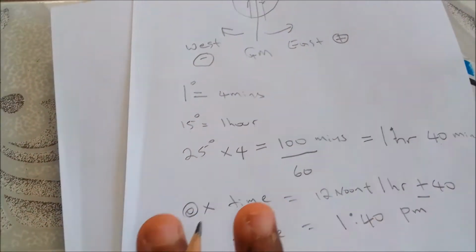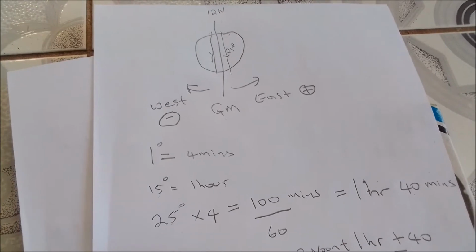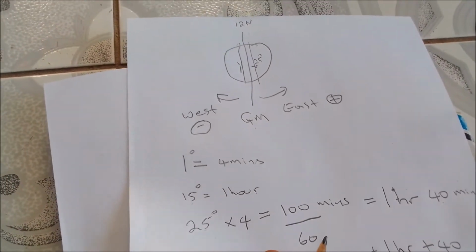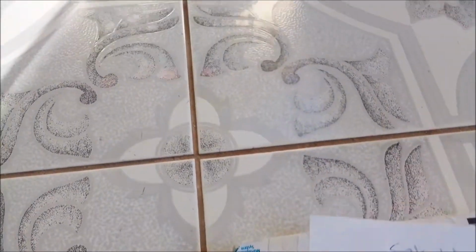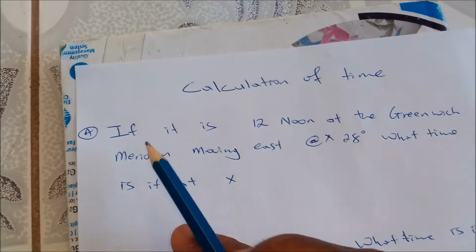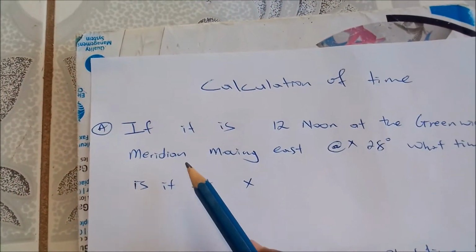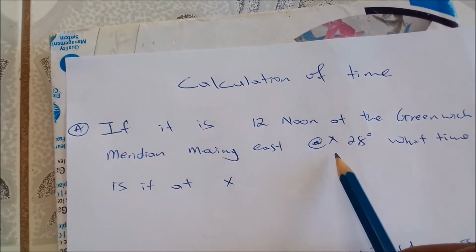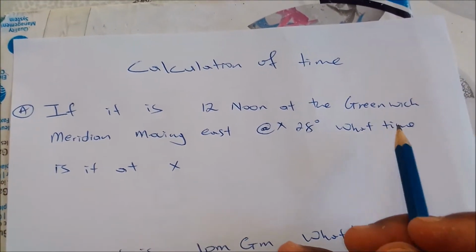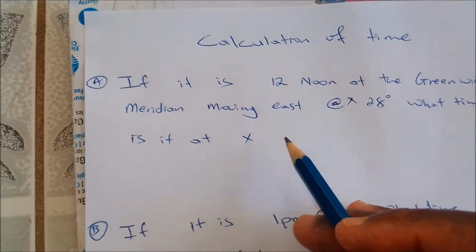Now let's look at the actual situation where you're trying to calculate the time for a place. Let's look at three exercises. Let's look at this exercise. If it is 12 noon at the Greenwich Meridian, moving east at 28 degrees, what time is it at X?